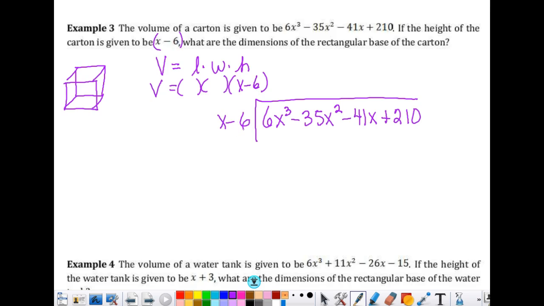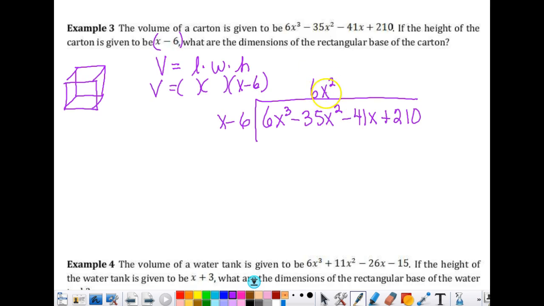Okay, so, y'all ready? Don't look at any of this, and don't look at that. Just look at the first terms. 6x to the third divided by x, and we're going to write it over here. It's going to be something x squared. So what is it going to be? Because it's going to match. A 6.